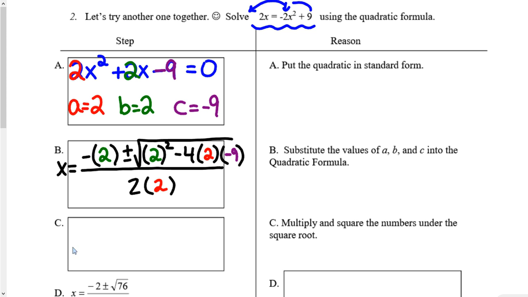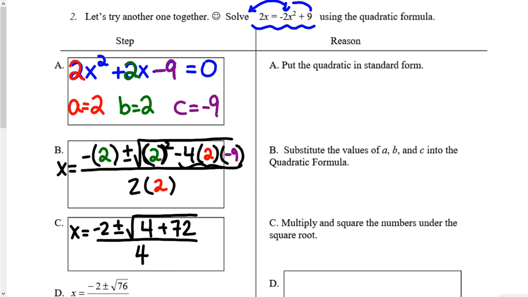For my opposite of 2, that's -2. Next, I'm going to do 2 squared, which would be +4. Then I'm going to multiply my minus 4ac. -4 times 2 is -8, and -8 times -9 is +72. All of that was over 2 times 2, which is 4.